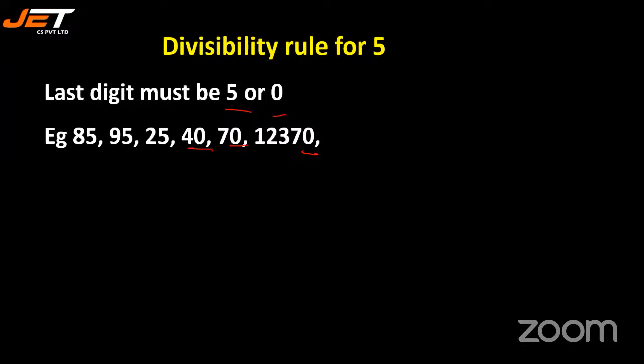All these numbers have either 5 or 0 in the end, at the ones place. So, the numbers that end with 5 or 0 are said to be divisible by 5.